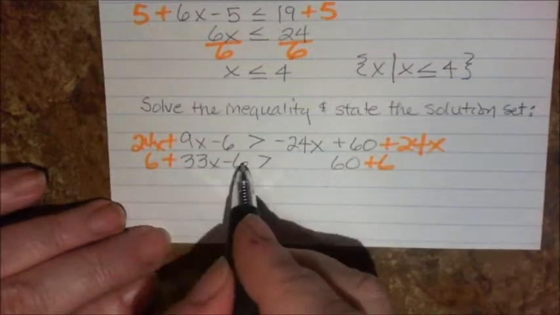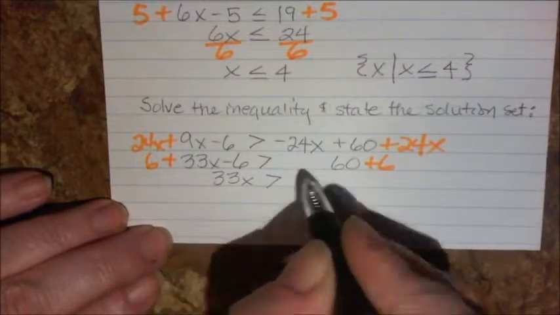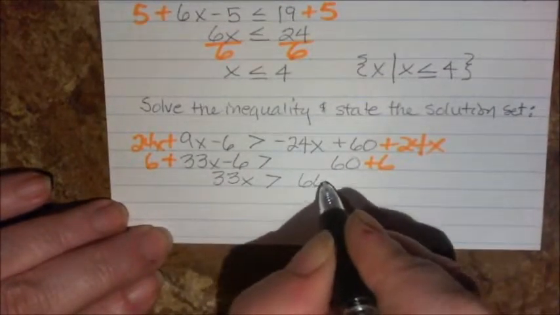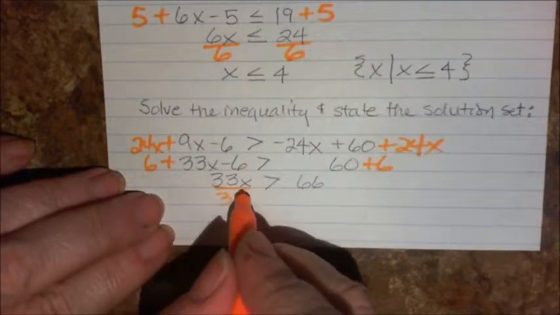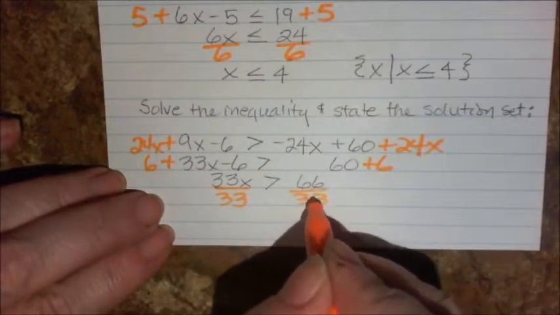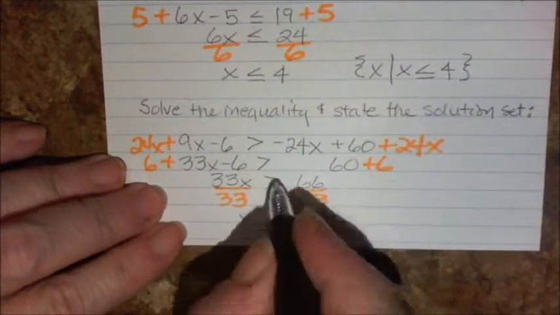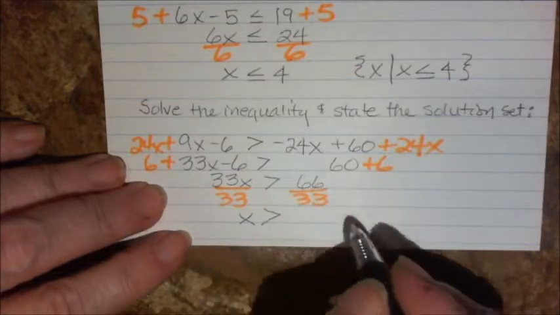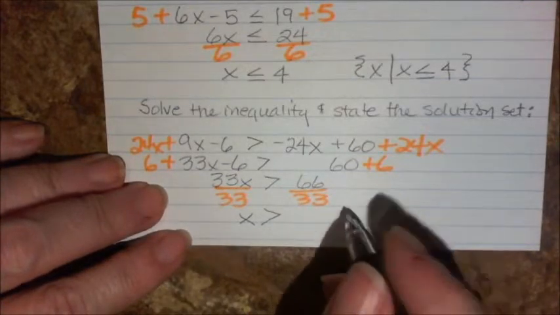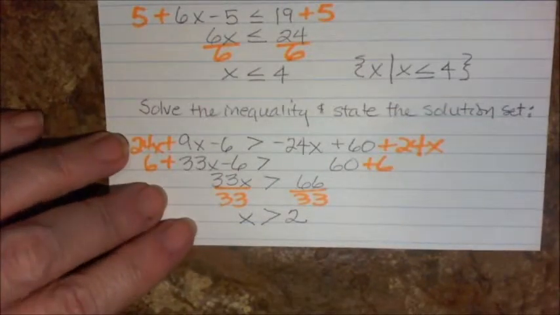And collecting like terms again, these zero out and we have 33x remaining is greater than 66. We're ready to divide both sides by 33. And that isolates x. There's no reason to reverse the symbol. x is greater than 2. Okay, do the division for 2.